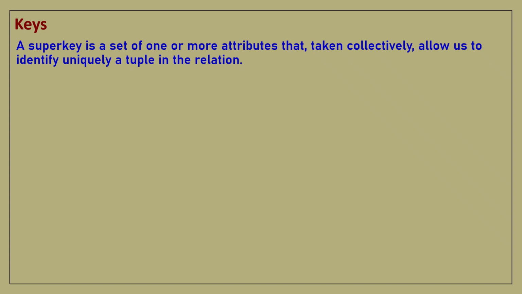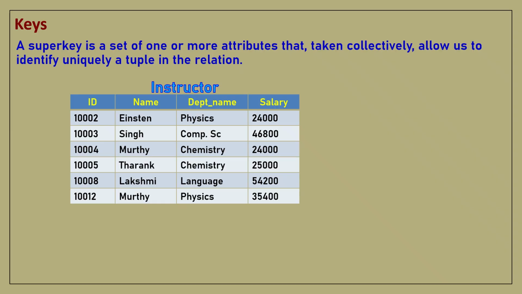A superkey is a set of one or more attributes that allow us to uniquely identify a tuple in the relation. In simple words, values in the superkey attributes collectively do not repeat. Consider the instructor relation. The ID attribute is sufficient to distinguish one instructor tuple from another, as no two instructors can have the same ID.